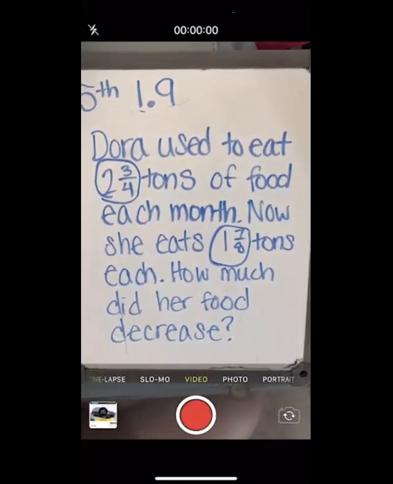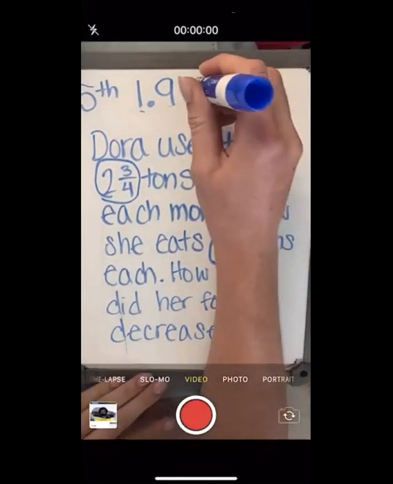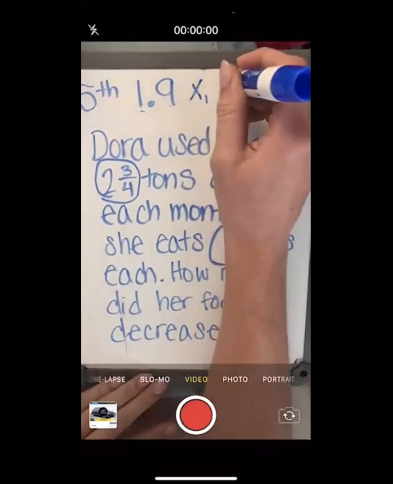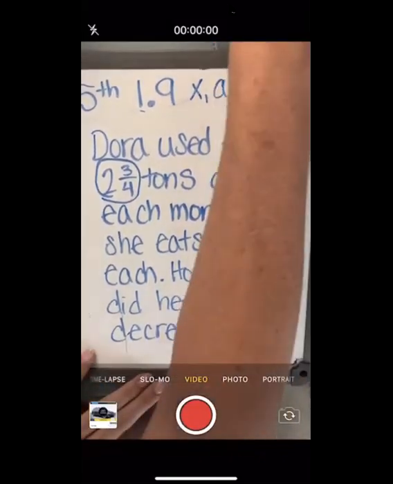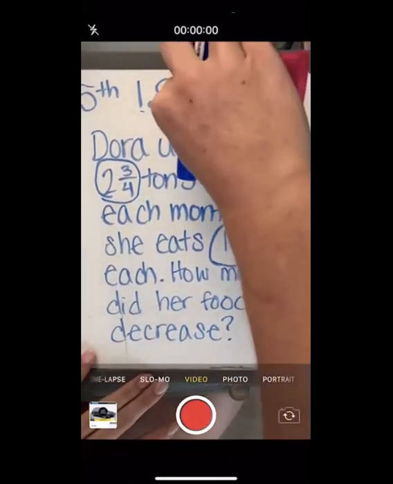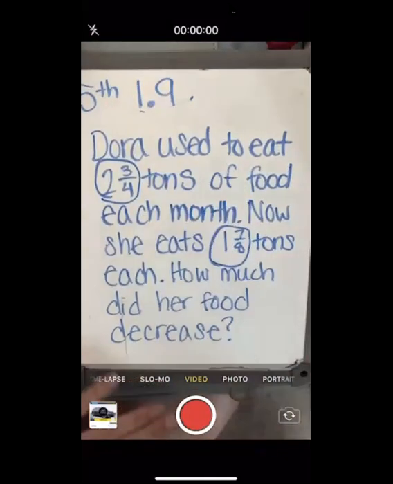And you might have to use a variable. Hopefully you remember back to last year, a variable could be X, it could be A, it could be F, it could be P, it could be any letter really. T for tons maybe. Does anyone have an equation that we could use for this problem?